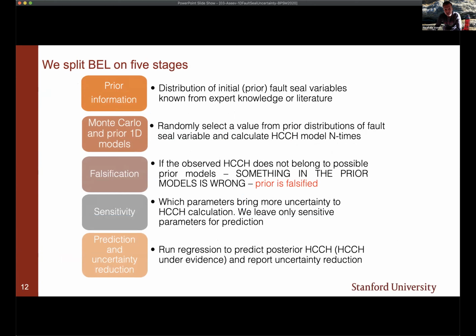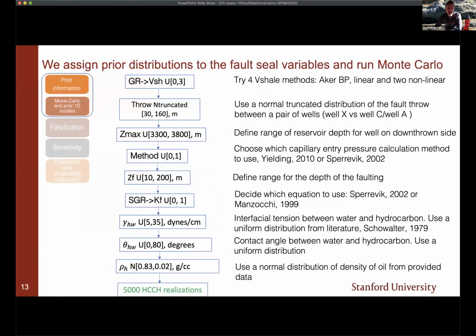In the falsification step, we try to understand if our observed column height belongs to the possible prior model. If not, then we can call the prior falsified, and the model is wrong. Then sensitivity: which parameters are more sensitive or bring more uncertainty. And eventually we run prediction. We want to predict column height under the evidence that we already have from well C and from well A. And we can report uncertainty reduction. So let's go step by step.